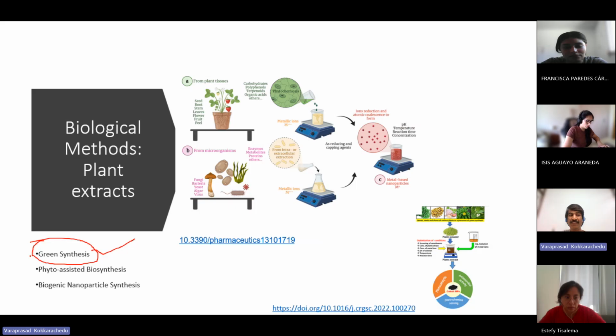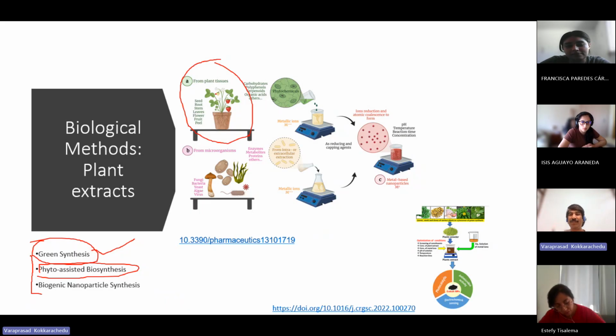The green synthesis process is classified into two parts. One is the phyto-assisted biosynthesis process, and the second is the biogenic nanoparticle synthesis process. The first one is plant-related, and comes from photosynthesis, where from the sun they can build themselves.